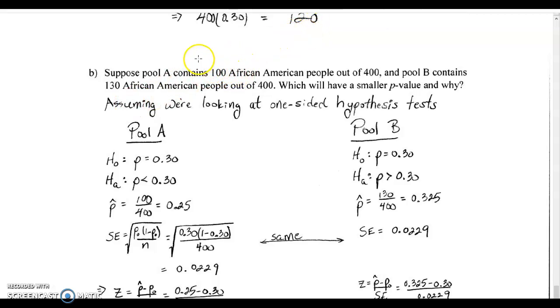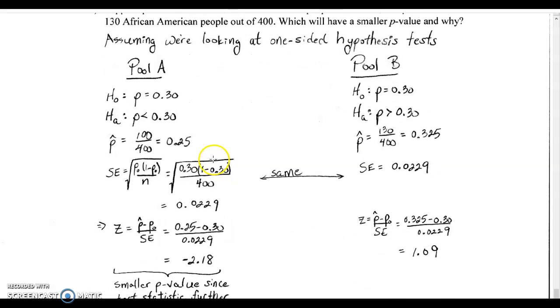In general, the p-value, which is the probability of getting our test statistic or one more extreme, should be smaller for a test statistic that's further away. The test statistic when I get 100 is further away from 120 than 130 is. It makes sense, but let's see how it works.